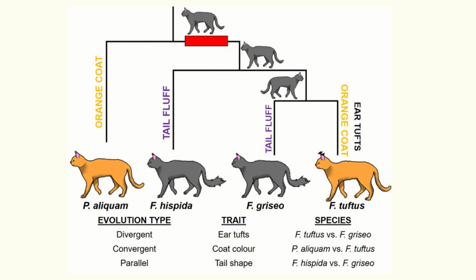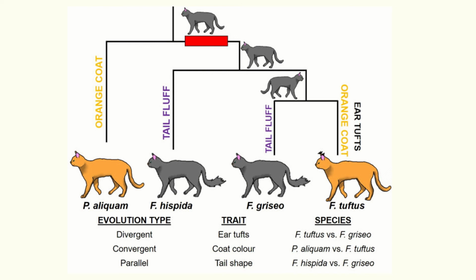So divergence over the ear tufts trait, we can see that between F. tuftus and F. griseo. So they diverge from a common ancestor there, and the main split was based on their ear tufts. If we look at convergent evolution in terms of coat color, P. aliquum diverged very early on and split from the grey-coated ancestors.